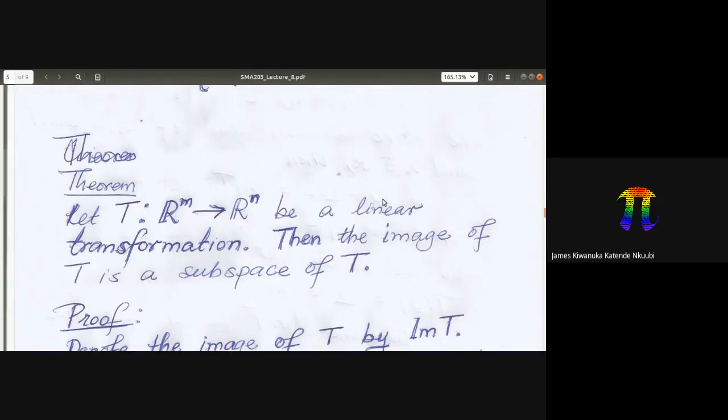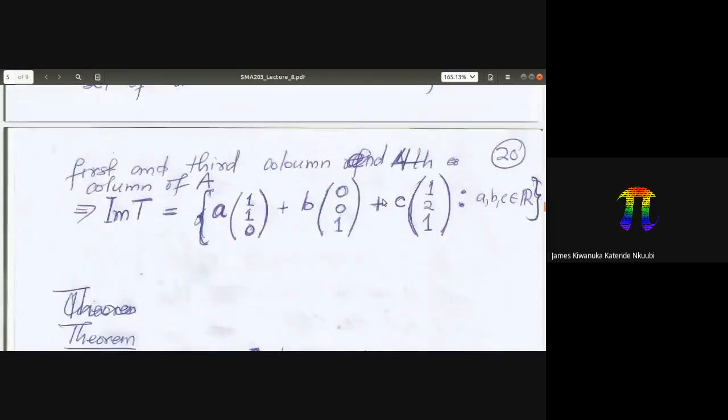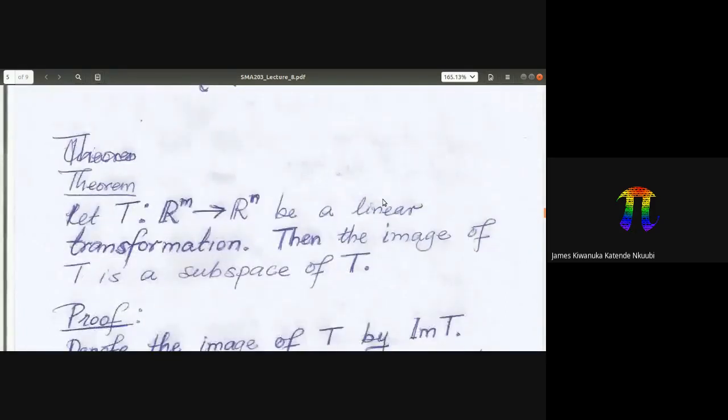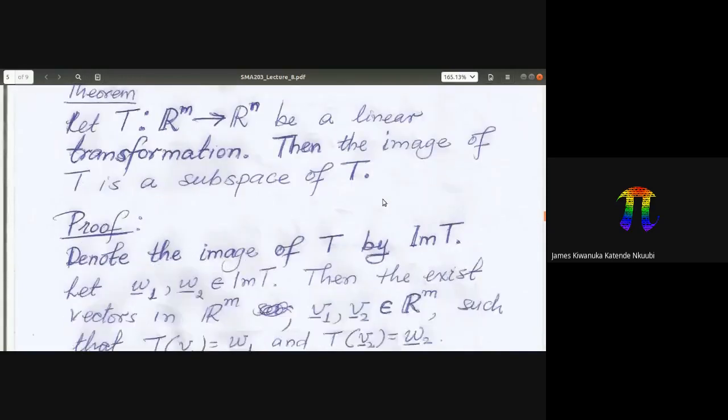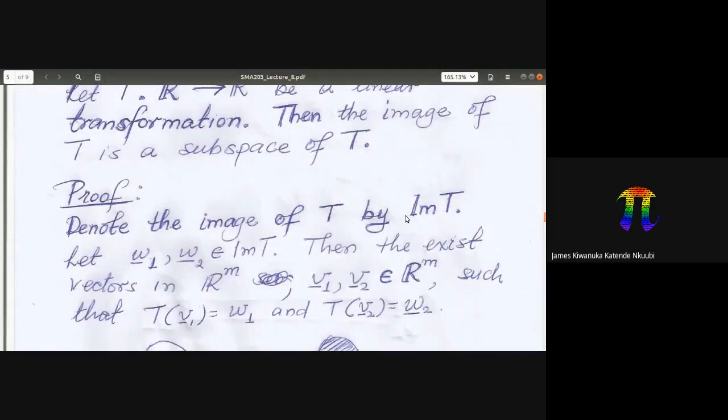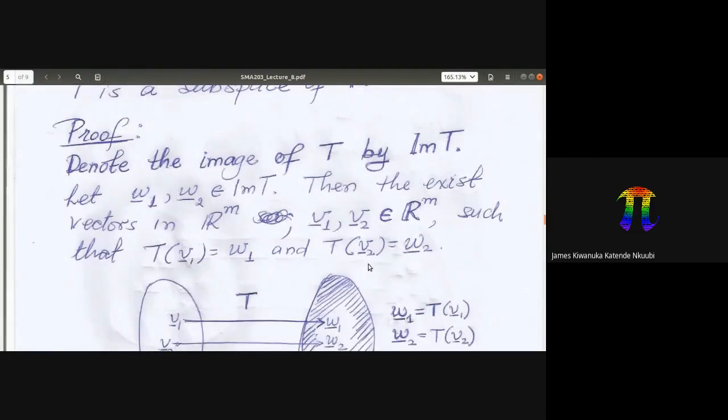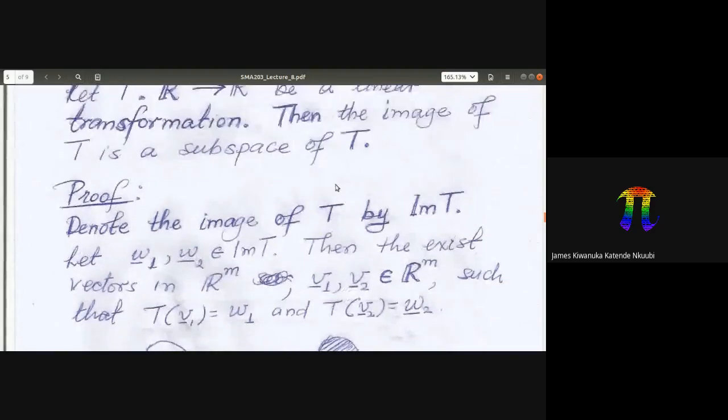This is page what? Page 20. I think it's a continuation of the other notes. So on page 20, this should be a subspace of Rn because T is a map. T is not a vector space.